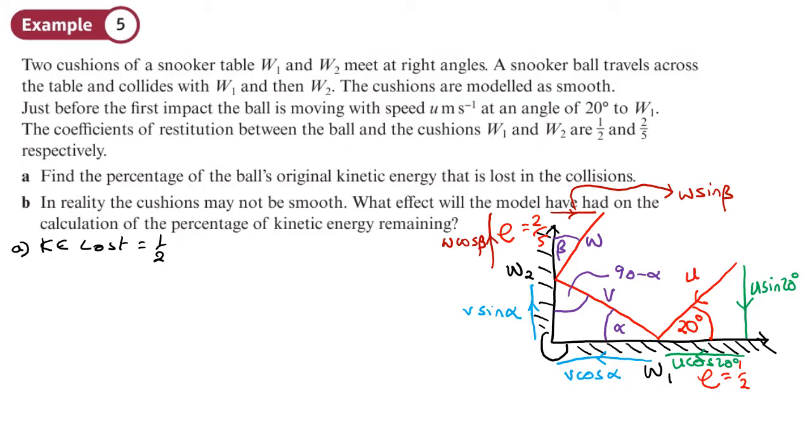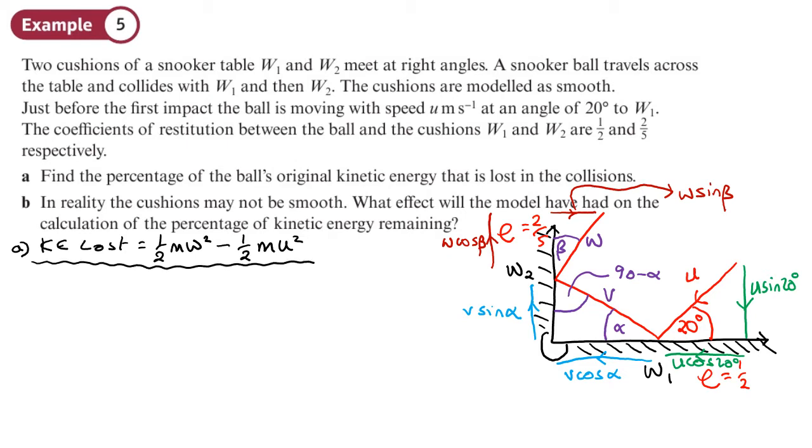So half m w squared, that will be the final velocity at the end, minus half m u squared, because that will be the velocity at the start. So that will give me the kinetic energy lost. Right, it's going to be a lot of algebra in this.